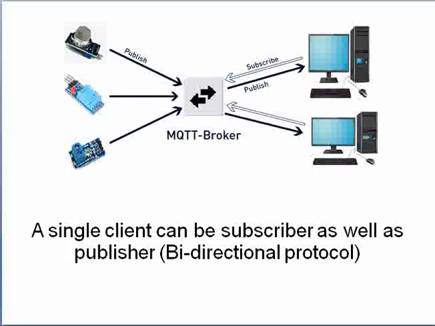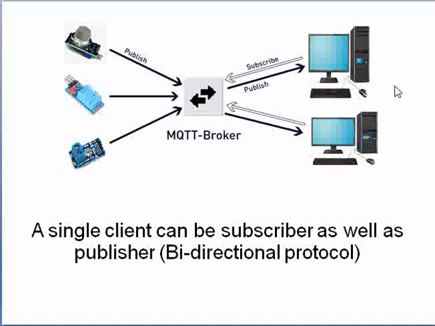And then, as we said before, a single client can subscribe as well as publish. So what it means is, for example, let us assume I have a PC here in this diagram. This particular guy need not always be a subscriber.